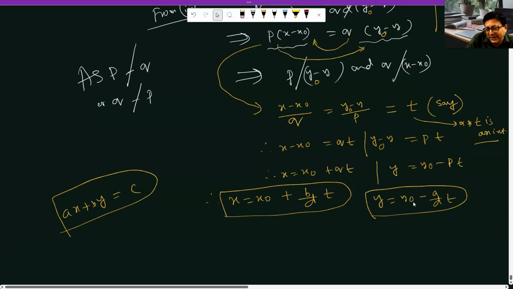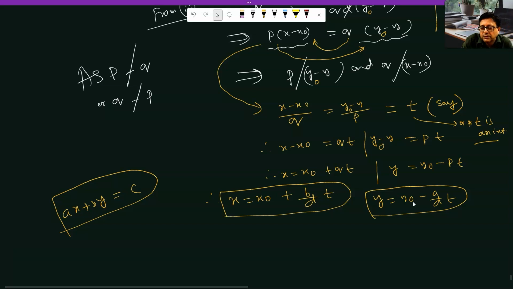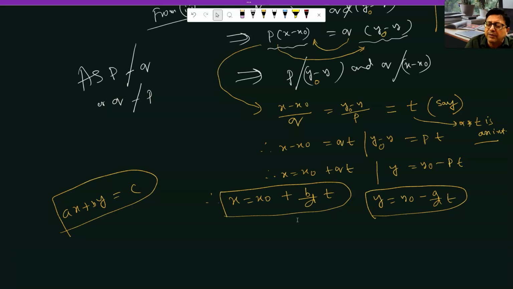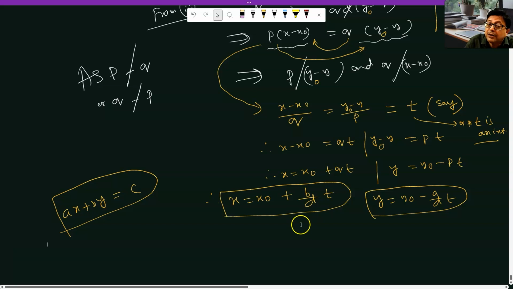That will be done with the help of extended Euclid's lemma. Last class I showed you how to solve an equation like 3x plus 7y equals 1 or 10, whatever. Okay, so I'll show you in detail in one equation at least how to get the solution.